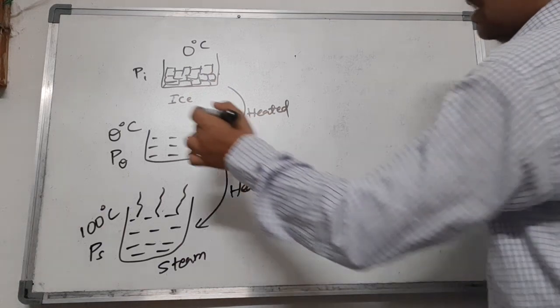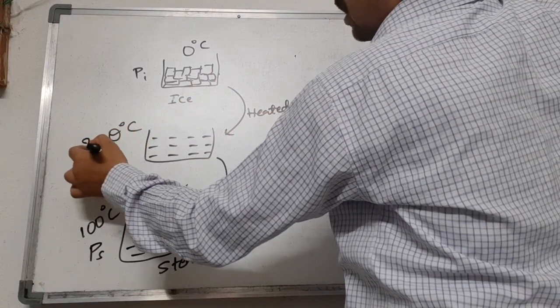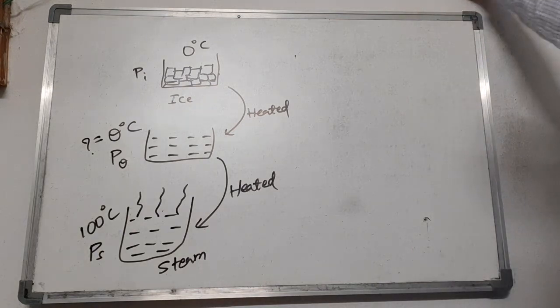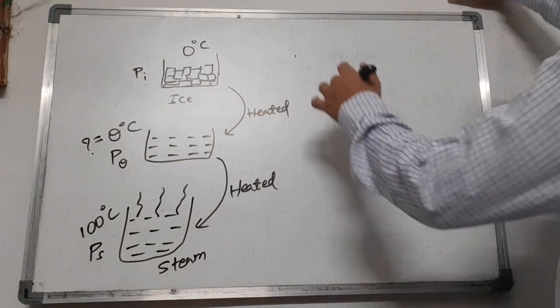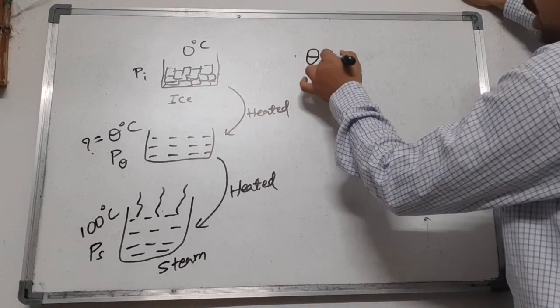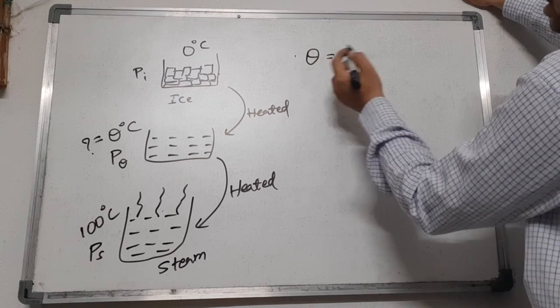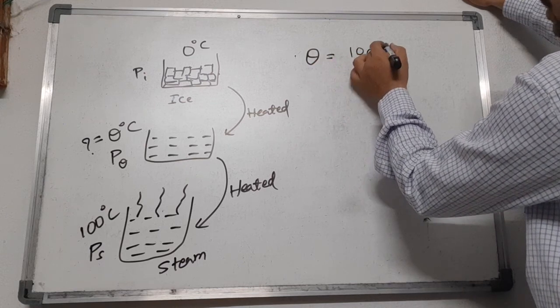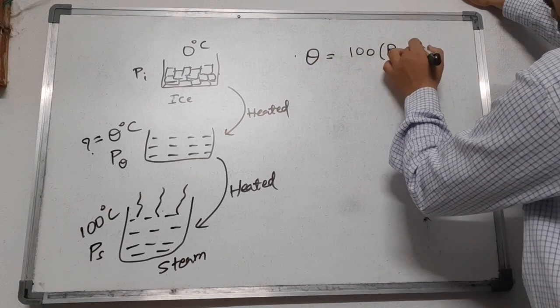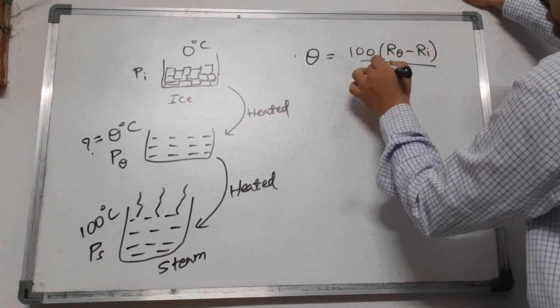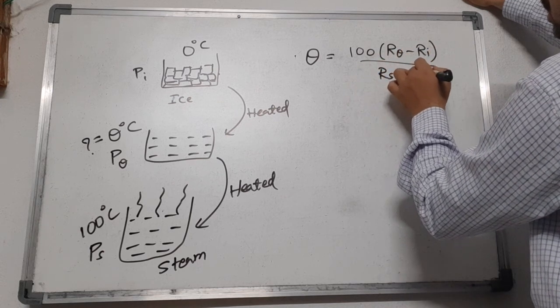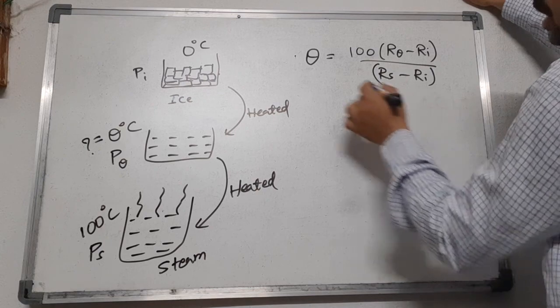Now I want this theta value. How to find the theta value? The same formula we are going to employ. In the previous section we wrote theta equals 100 into R theta minus Ri divided by Rs minus Ri, where R is for resistance.